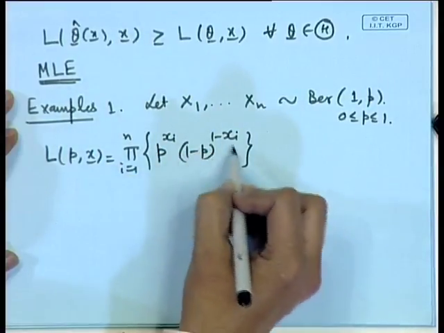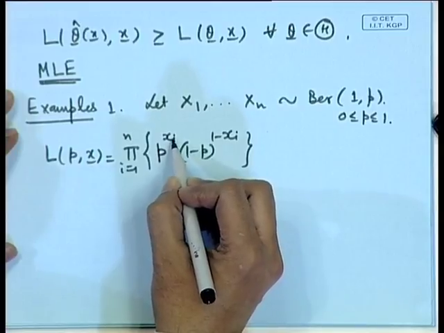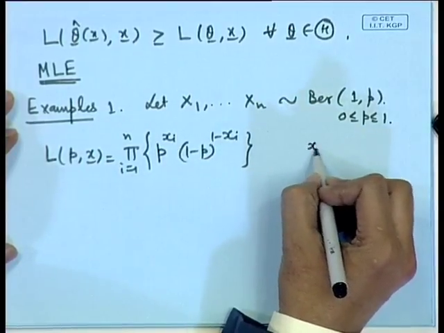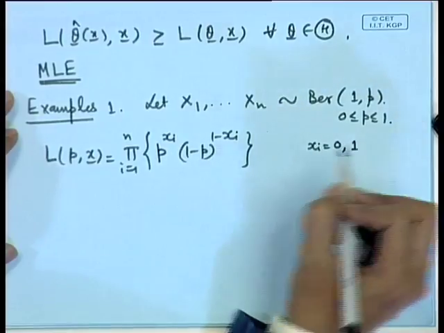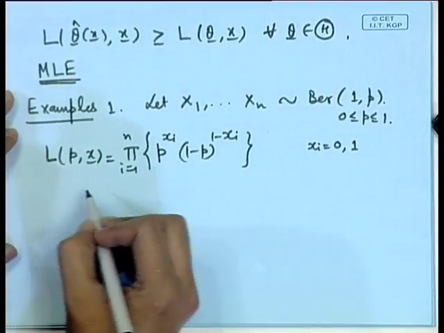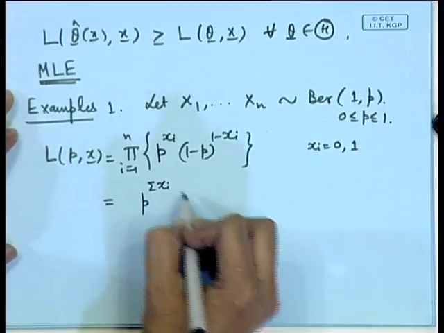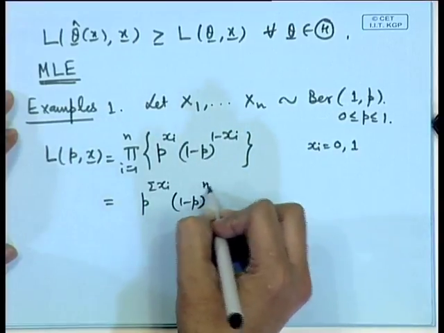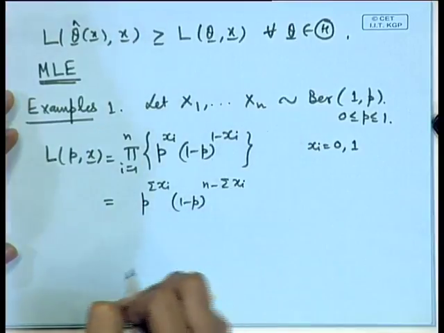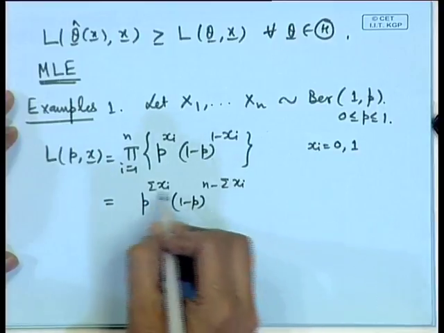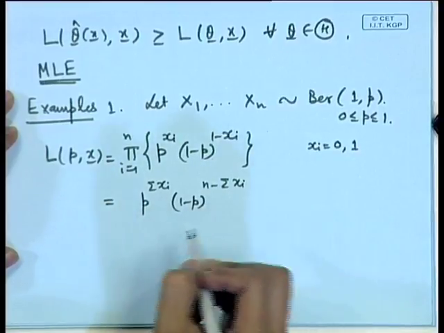If you look at the inside quantity, this is the probability mass function of Xi. Here each of the xi's can take value 0 or 1. So, this can be simplified as p to the power sigma xi, (1 minus p) to the power n minus sigma xi. So, we have to differentiate this with respect to p and solve it.